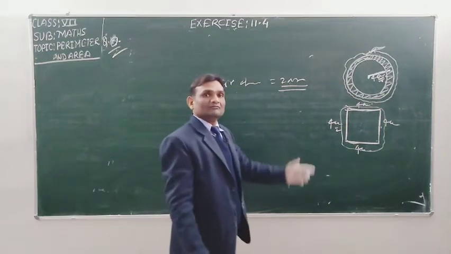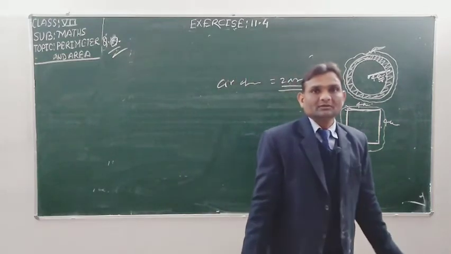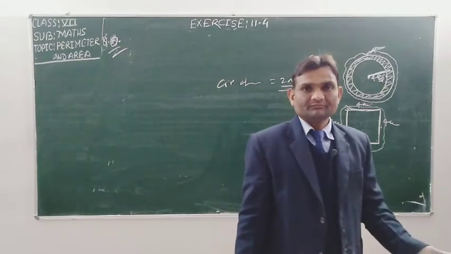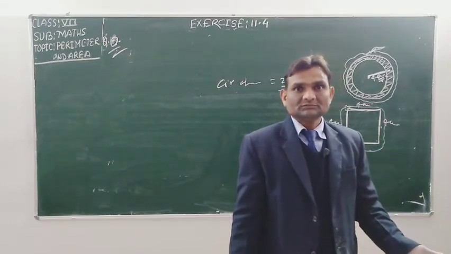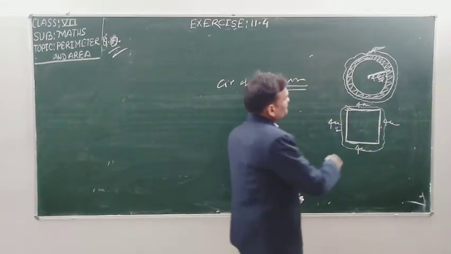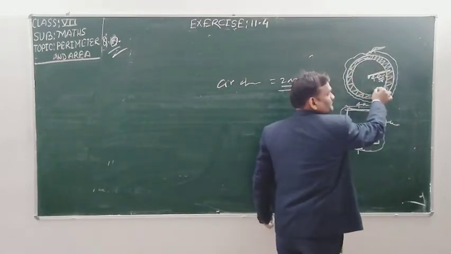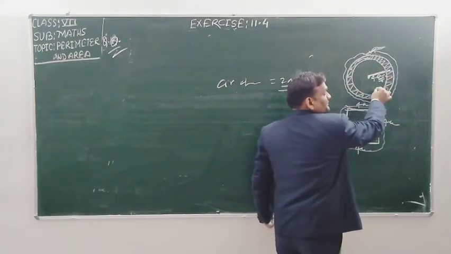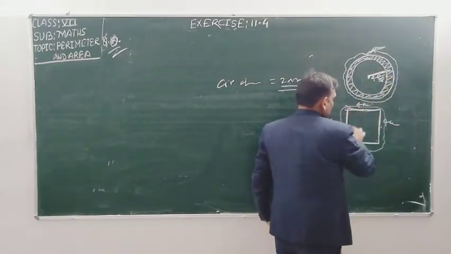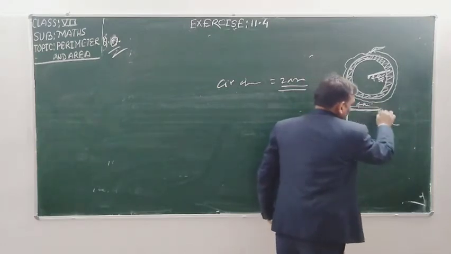Then that length will be left. That card will be left. Means, student, firstly find the circumference of the circular pipe. Then after this, find the perimeter of the square box.